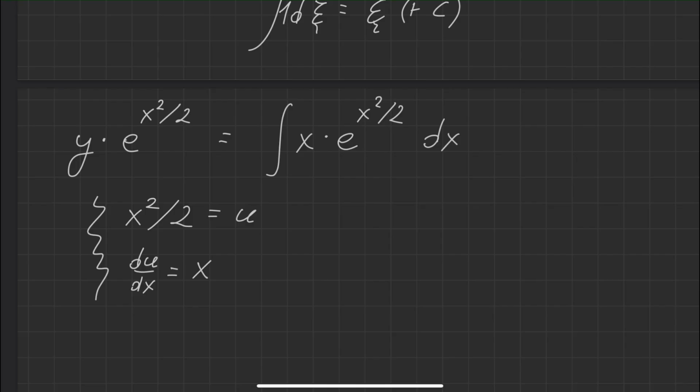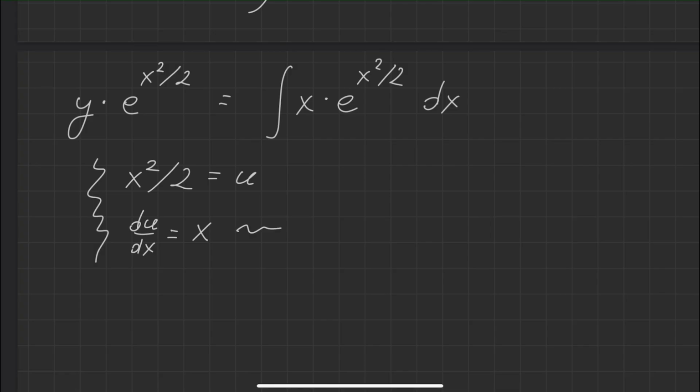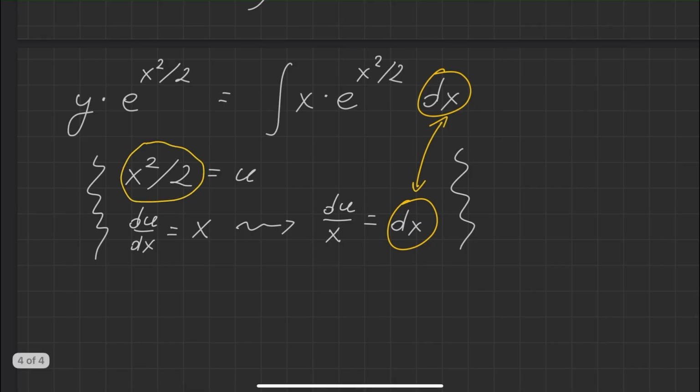And now how do I do it? I try to rearrange this expression to give me dx, just dx. So I get du divided by x equals dx. Now this dx, check this out, it's the same here. And then this expression is of course the same as this one here.